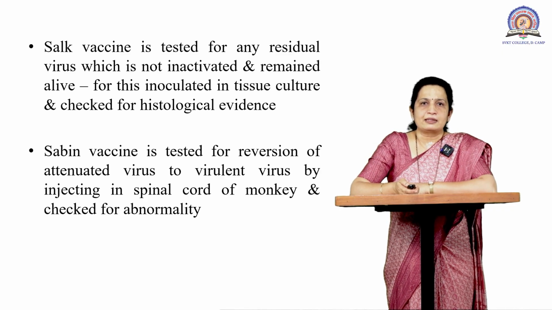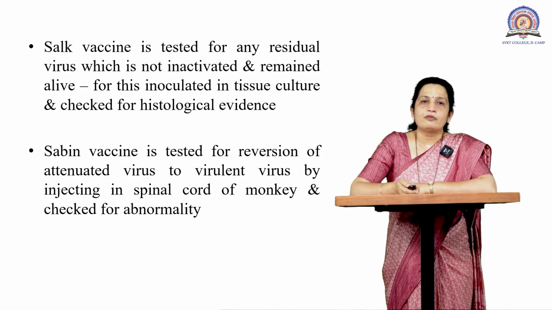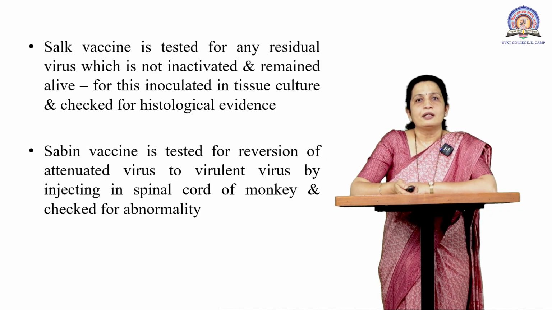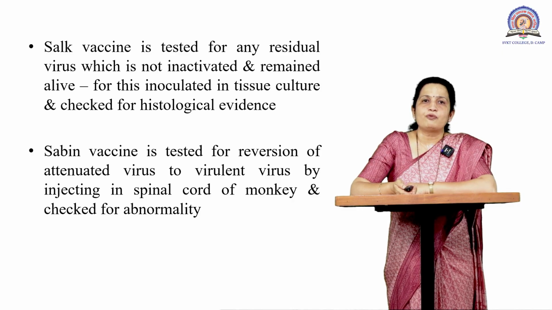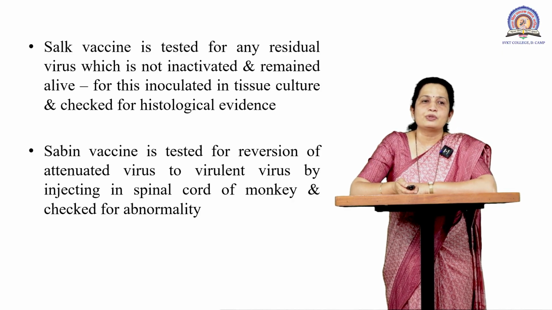So Sabin vaccine is an attenuated vaccine. It is tested for reversion, where by chance the non-pathogenic or attenuated form may turn into pathogenic form. So that we have to check while using Sabin.